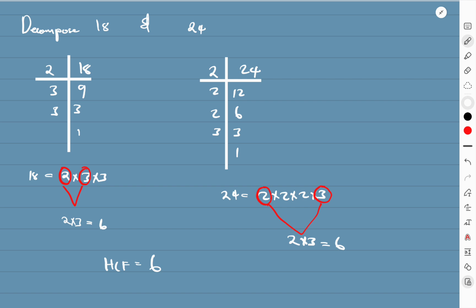Right, let us use decomposition to find the highest common factor between 72 and 90, right?